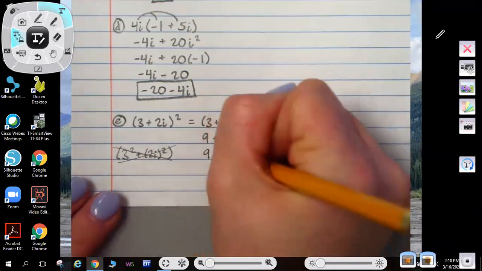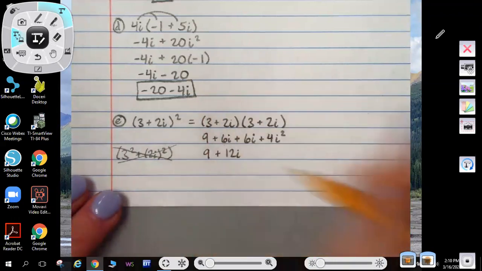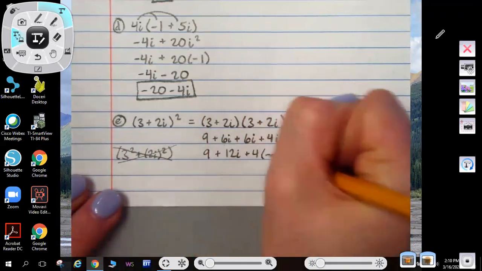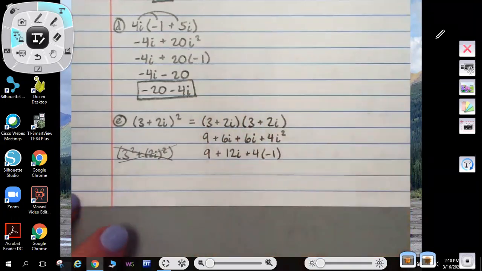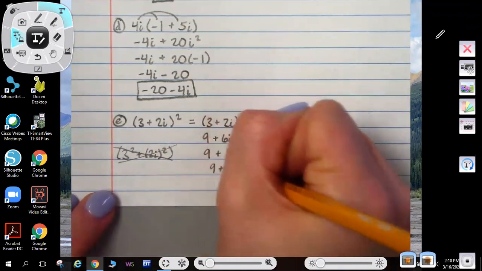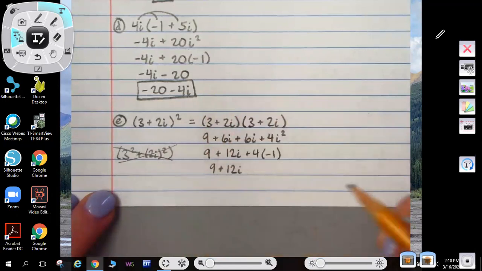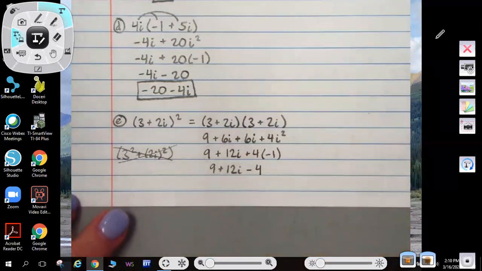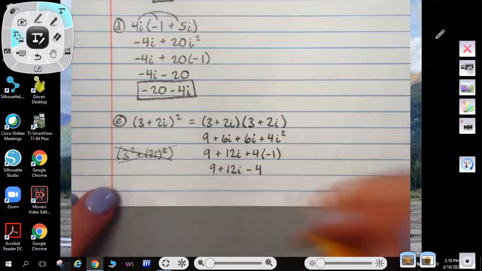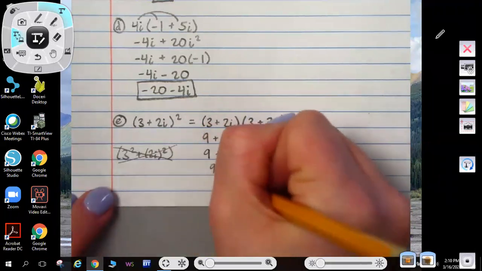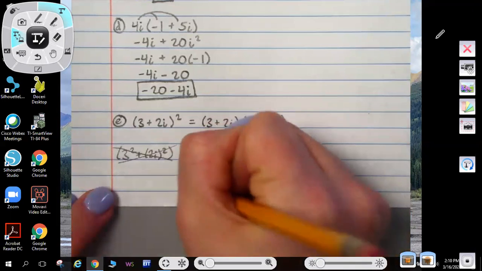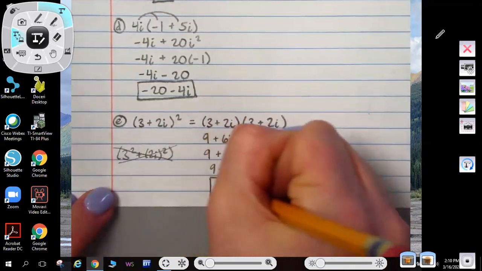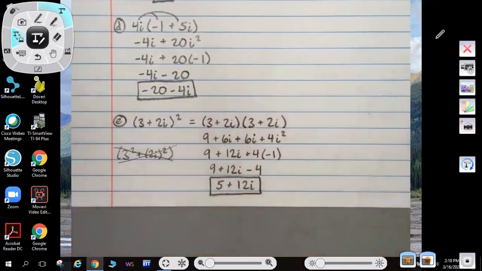So we get 9 plus 12i plus 4 times -1. So that's 9 plus 12i minus 4. Combine 9 minus 4 to get 5 plus 12i. That's our answer.